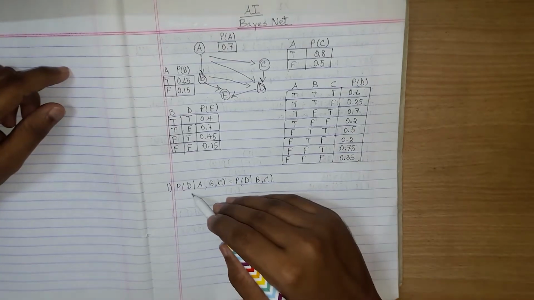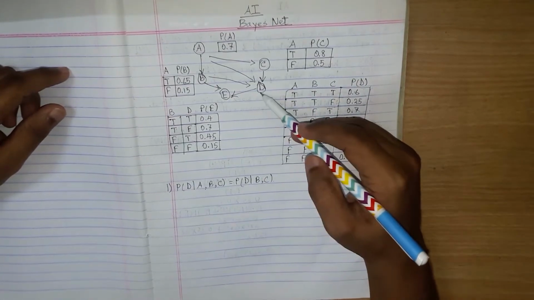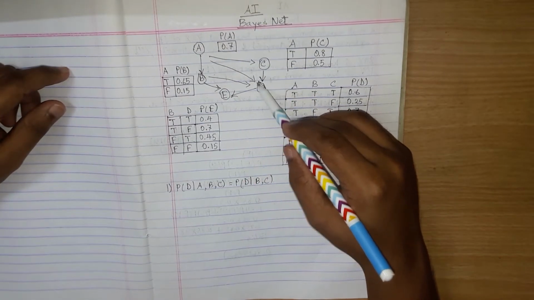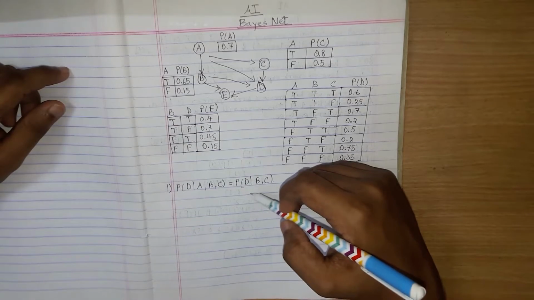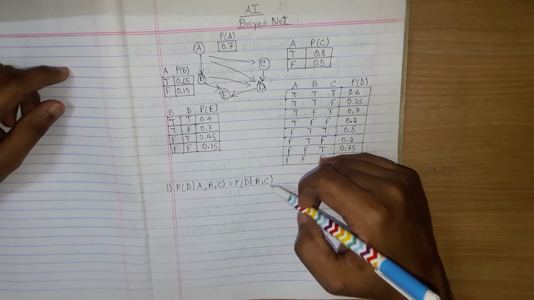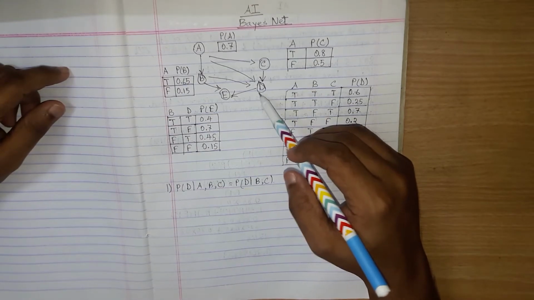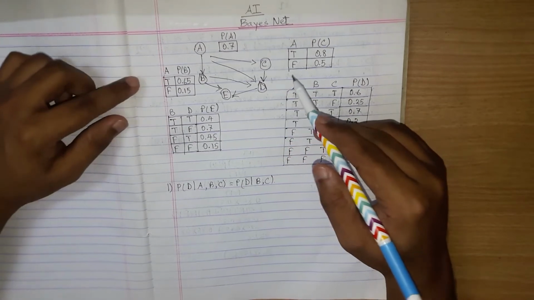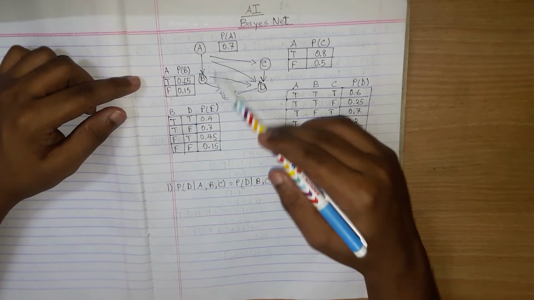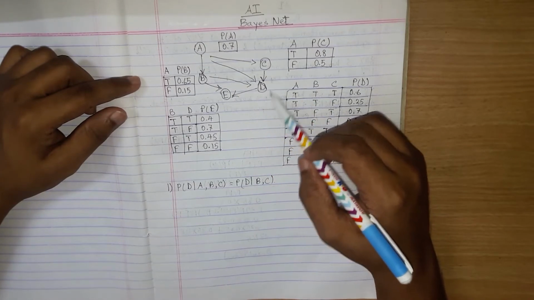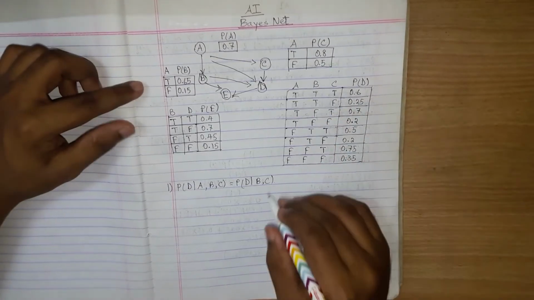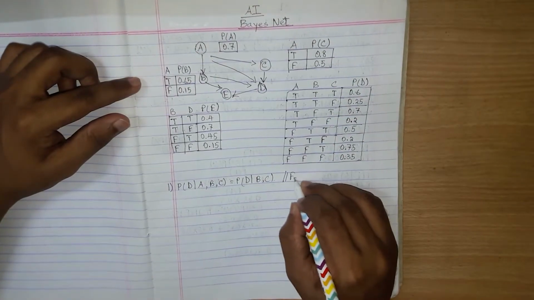Probability of D given A, B, C: D is here, with A, B, and C. So this was true, but it equals probability of D given B and C. This one is not true because all the parents have to be given for this to work, otherwise it's not going to work. So this one's going to be false.